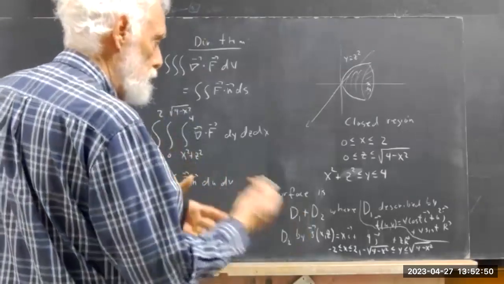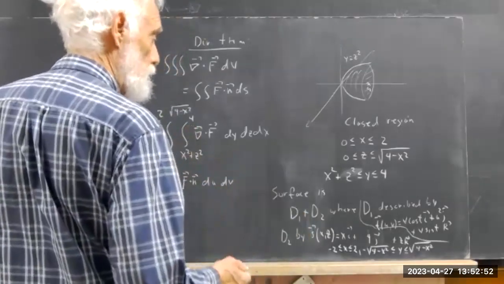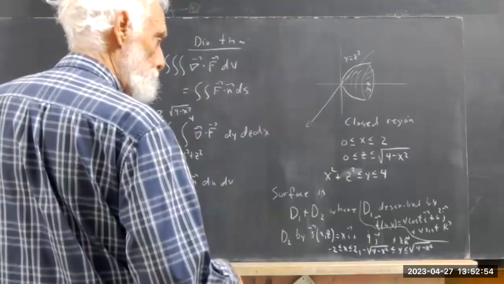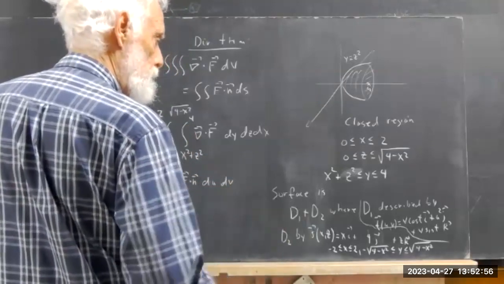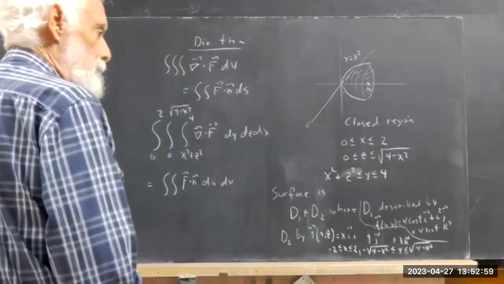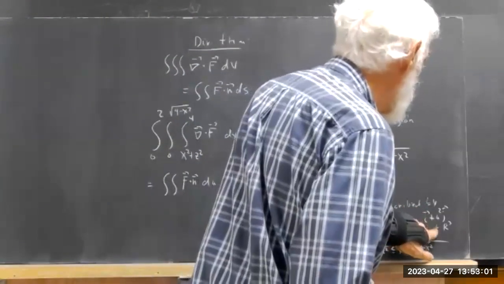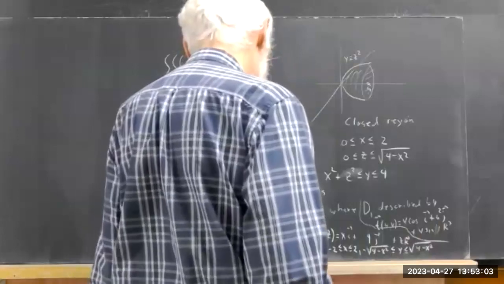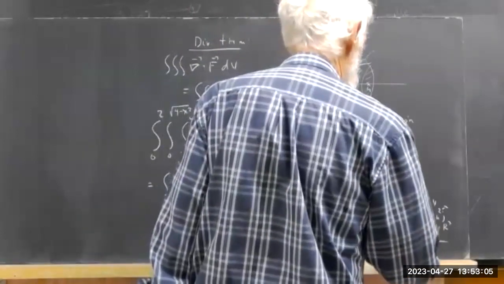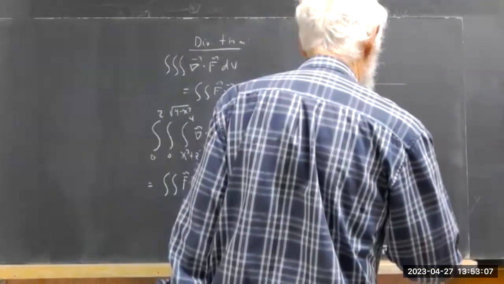For the dU dV, let's see which one's U, which one's V. I used T here, and I think I used U out here. I'm going to change that representation. We can simplify what we did before.